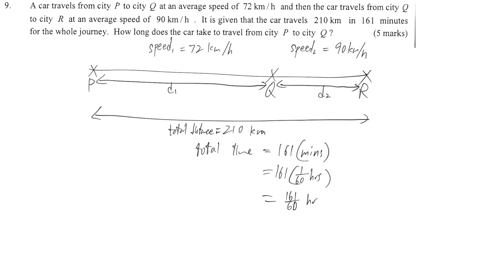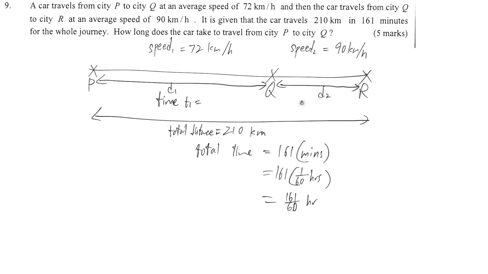The time span here we just label t1, and then the time span here, t2, is 161 over 60 minus t1. If we spend t1 here, that means we spend the total time minus t1 here.